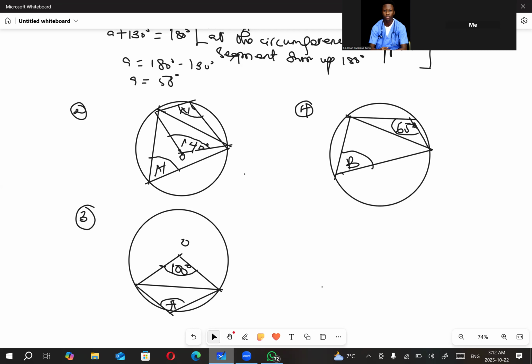Yeah, what did you get? So you got 50 degrees. Explain. The property says the angle subtended at the center implies the angle subtended at the circumference. Were you in that class when I was teaching that property?